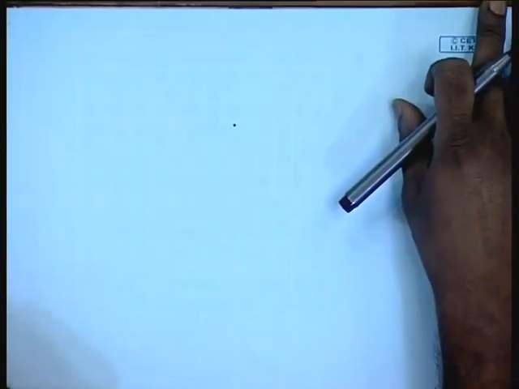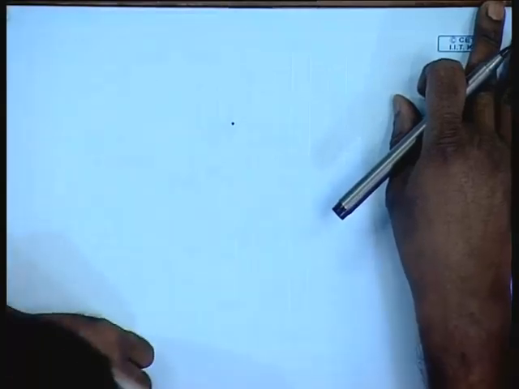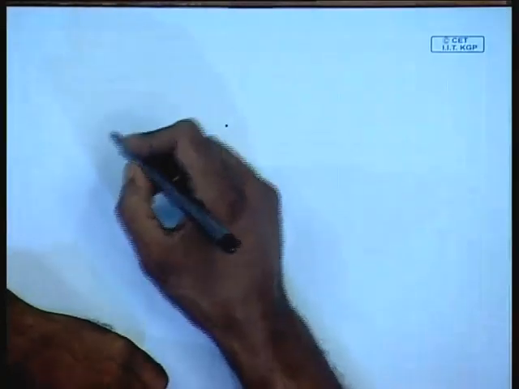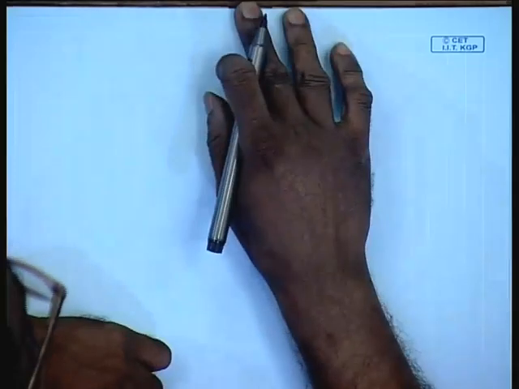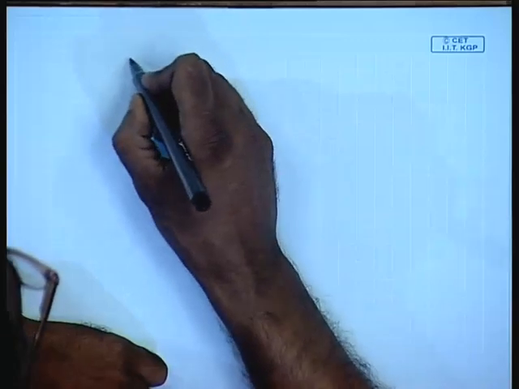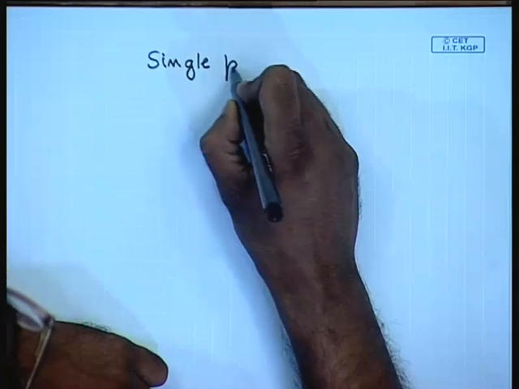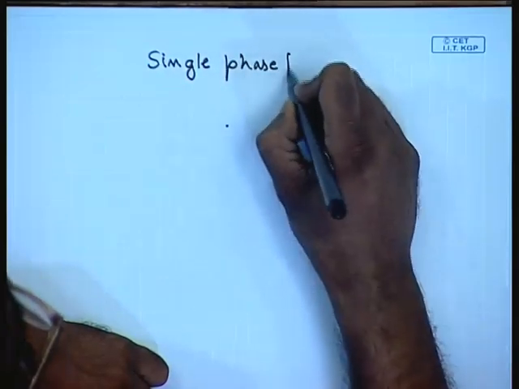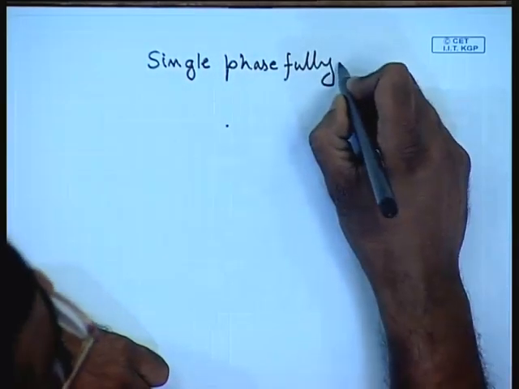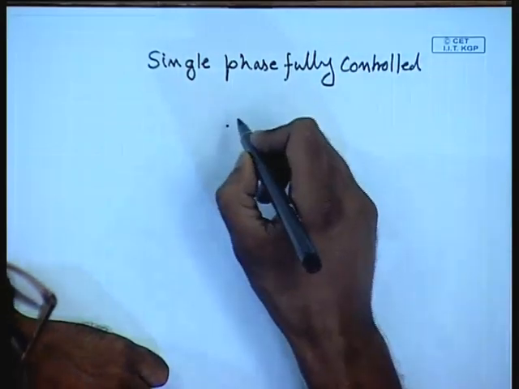This is when a DC supply is available and a chopper is used, but more often than not the available supply is AC. So, if we have a single phase AC, then we can use another power electronic converter called the single phase fully controlled converter.